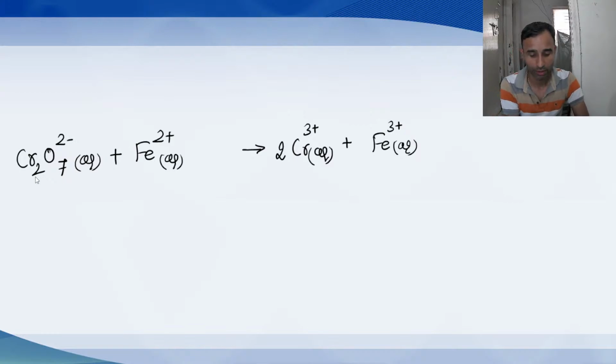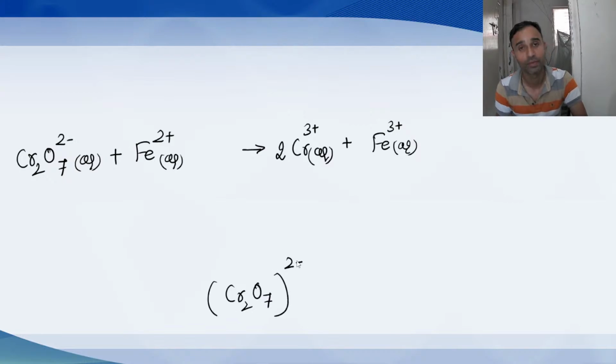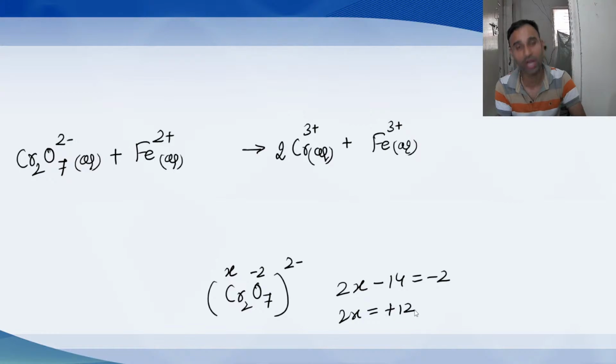Now, what is the oxidation number of chromium in dichromate? 2x minus 14 equal to minus 2. So 2x equal to plus 12. x is equal to plus 10.